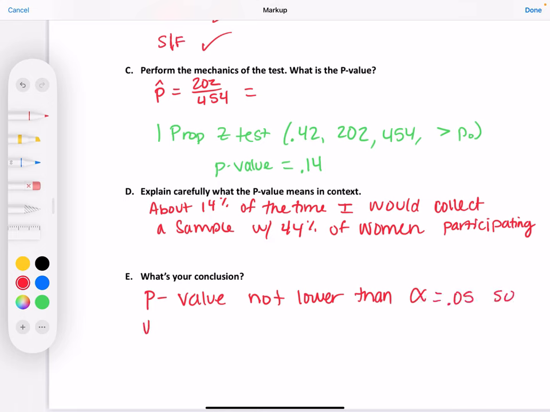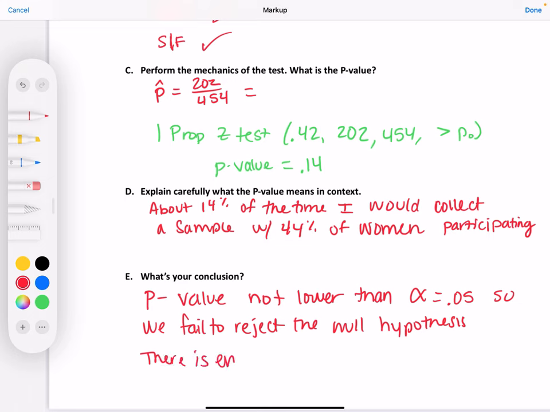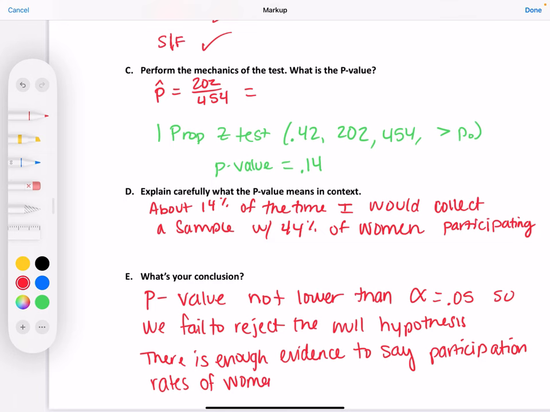So we fail to reject the null hypothesis, meaning that there is not enough evidence to say participation rates of women have increased.